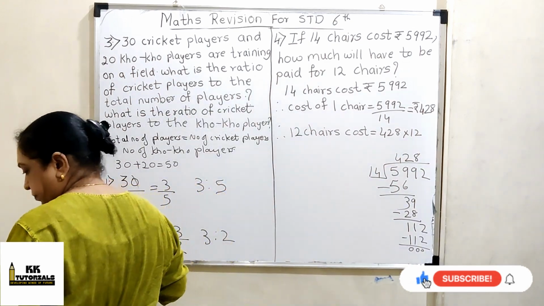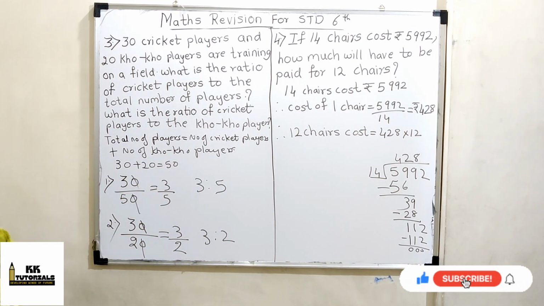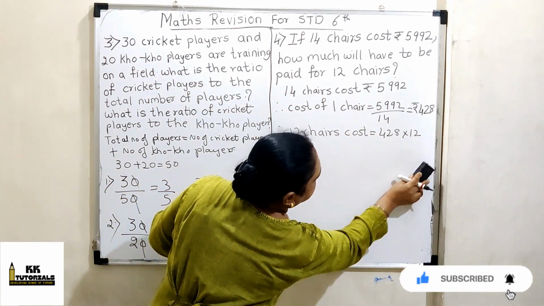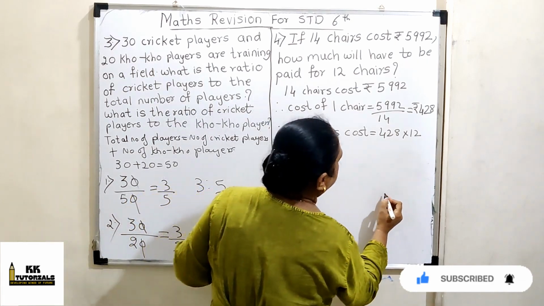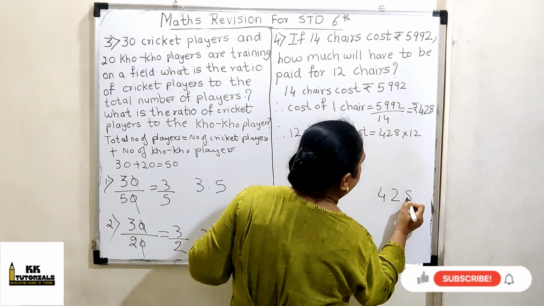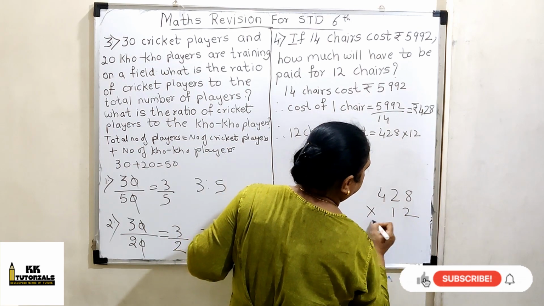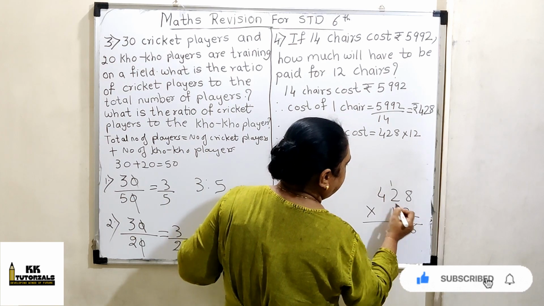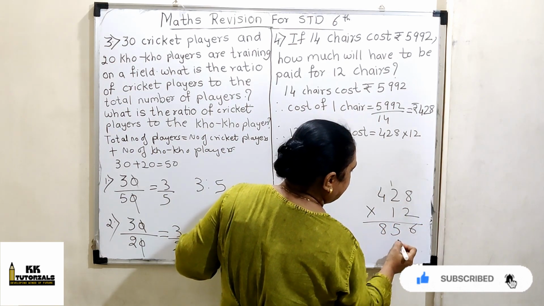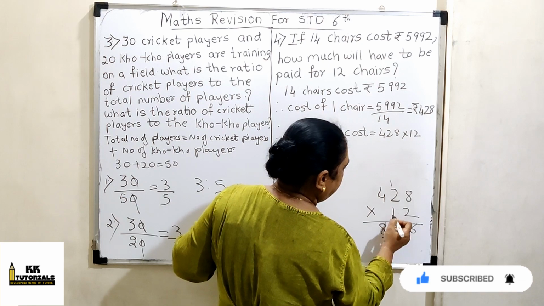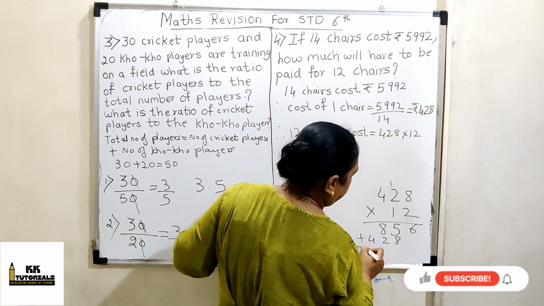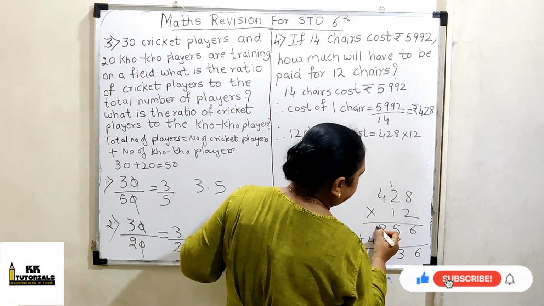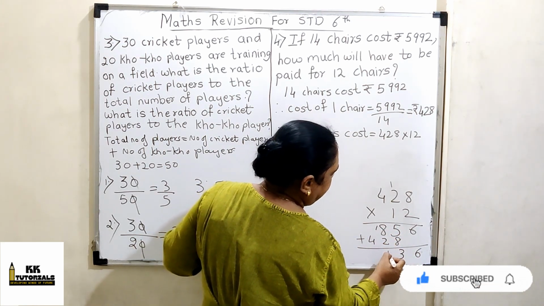Okay. 428 multiplied by 12. 2 8s is how much? 16. 2 to the 4 and 1 5. 2 4s is 8. 1 8s are 8. 1 2s are 2. 1 4s is 4. 6. 8 and 5 is 13. 8 9 10 11.